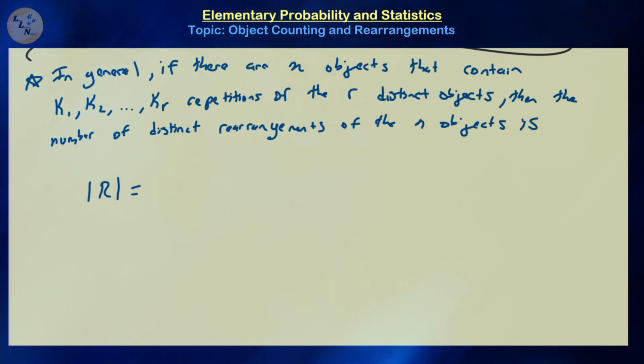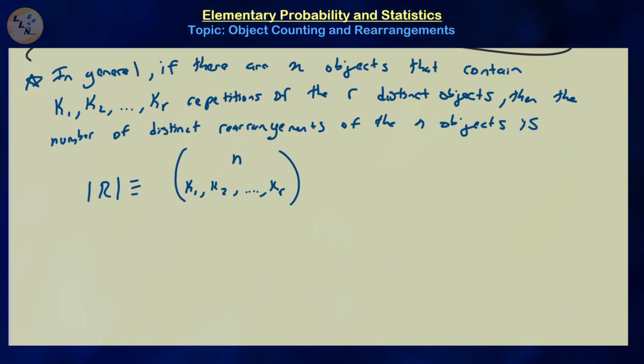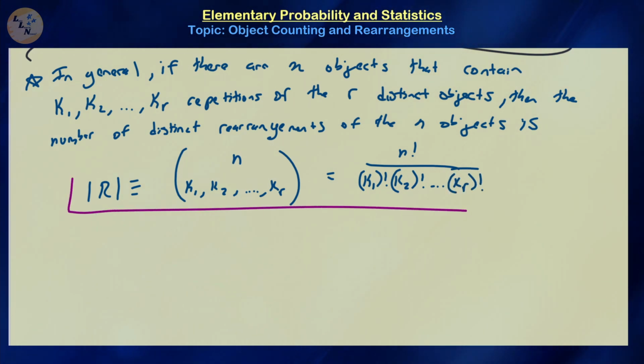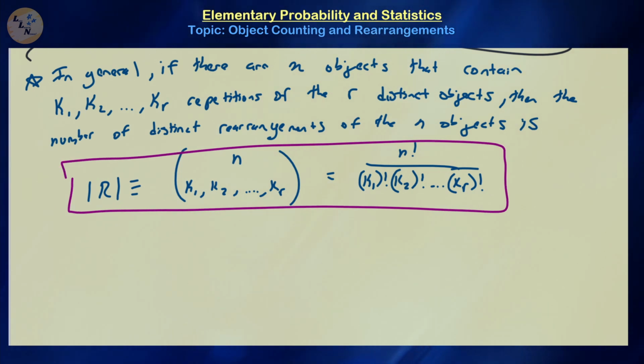That's going to be equal to, now sometimes people will write this as n choose k1, k2, down to kr. They'll write it like this with a parenthesis, sort of like a fraction but without the bar in the middle. But this is precisely equal to n factorial over k1 factorial, k2 factorial, all the way down to kr factorial. So this is the same structure as we had before.